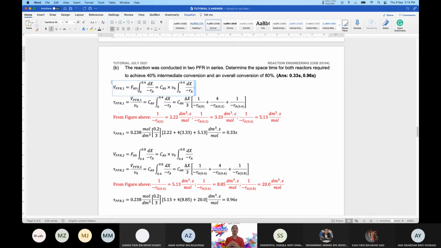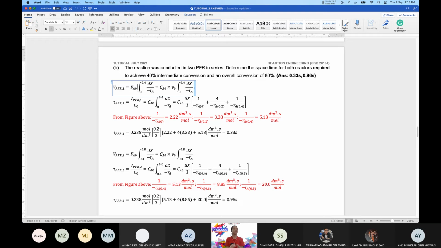Okay, then it tells you, kalau saya nak twist the equation, I must introduce V0 first. I kena introduce inlet volumetric flow rate dalam design equation ni. Baru somewhat saya boleh twist and turn kemudian. Then how do I introduce V0 to the equation? Perhaps you remember Fa0 sama dengan Ca0 multiply with V0.